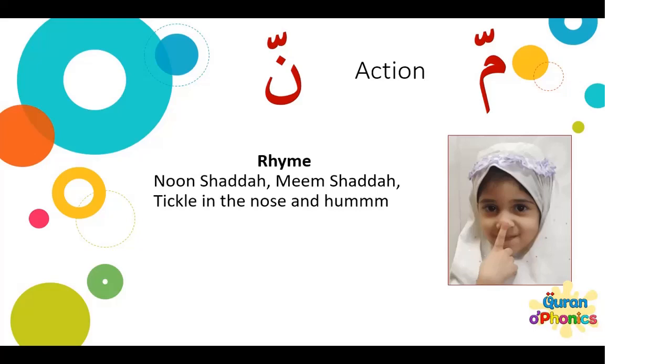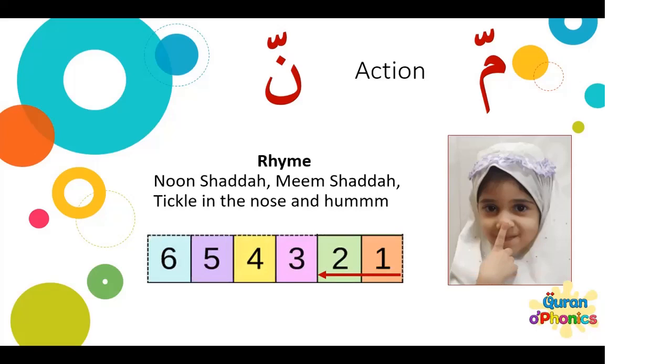Another way to test it is while saying a word with noon shadda or mim shadda, close your nose tight and try to say it. If you can't say the sound, you're doing it correctly. So this is a little experiment that you can do with the child. And the action for this is they have to touch their nose when they're saying these words with mim shadda or noon shadda. And they have to stretch the sound. The humming sound is stretched for 2 counts.